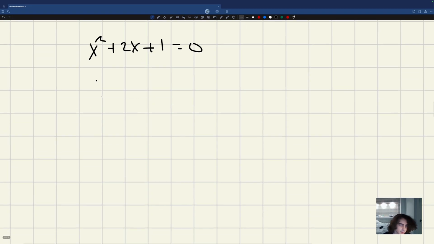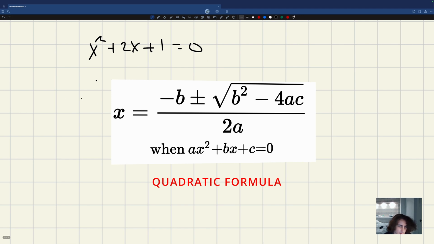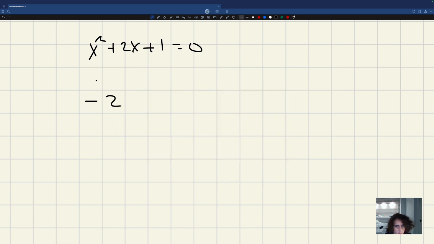So let's go. Quadratic formula. Negative b, in this case negative 2, plus or minus the square root of b squared, so 4, minus 4ac. Now ac is 1 because, and this is another one of those issues that many students have, here is a 1, there is no 0.